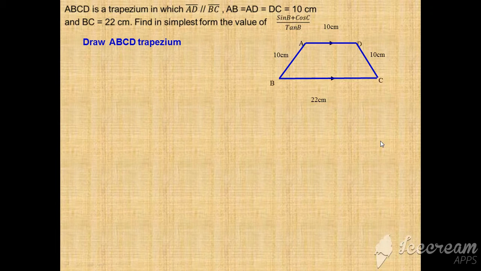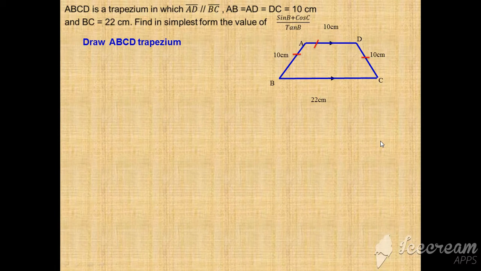And of course we are going to consider the order of the letters A, B, C, D. Then I have AB equal to AD equal to DC equal to 10 centimeters.